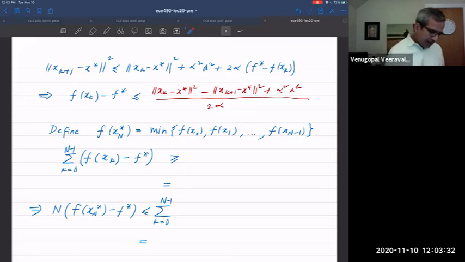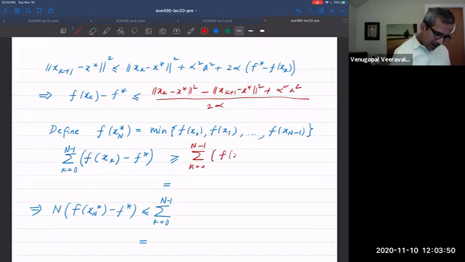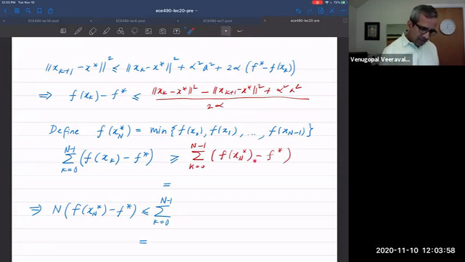Since f of xn star is the smallest, this sum will be bigger than the sum from k equal to 0 to n minus 1 of f of xn star minus f star. But all these terms are the same, so there are n of them. So this is equal to n times f of xn star minus f star.